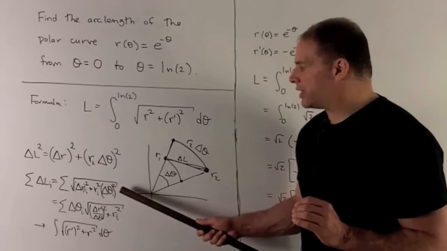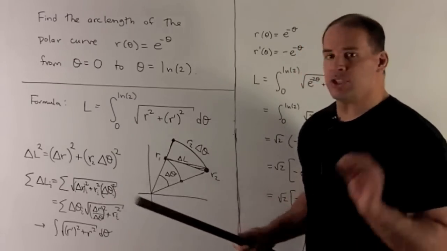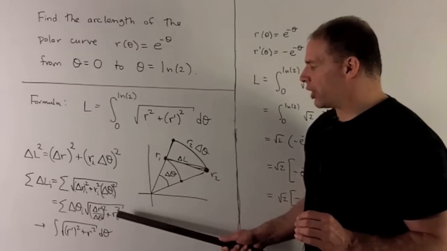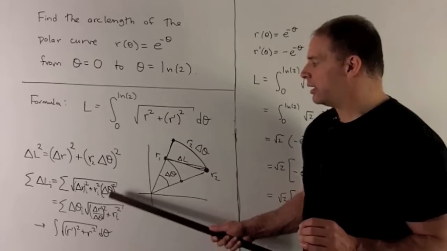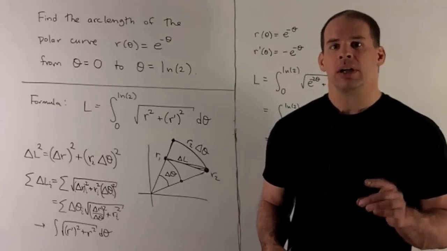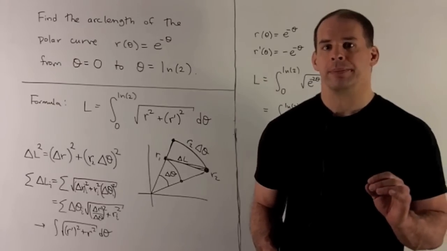Now, notice I can factor out a delta theta sub i squared, bringing it to the outside. That gives us terms r sub i squared and then delta r over delta theta i, squared. As delta theta i goes down to 0, delta r over delta theta i goes to r prime.